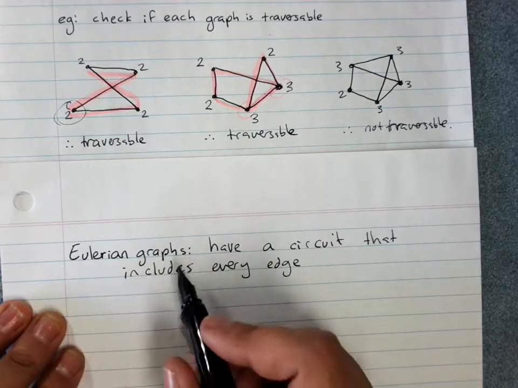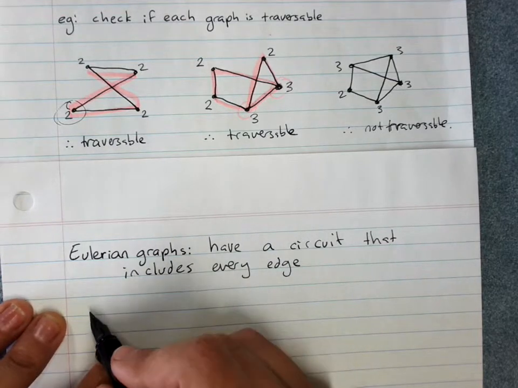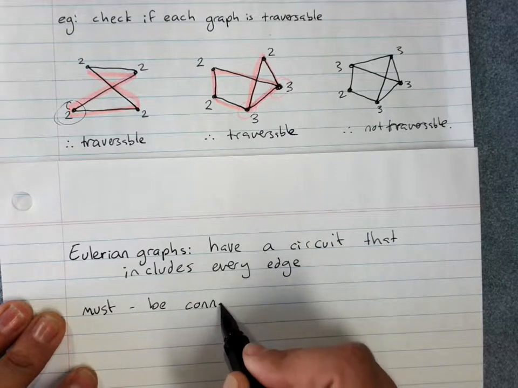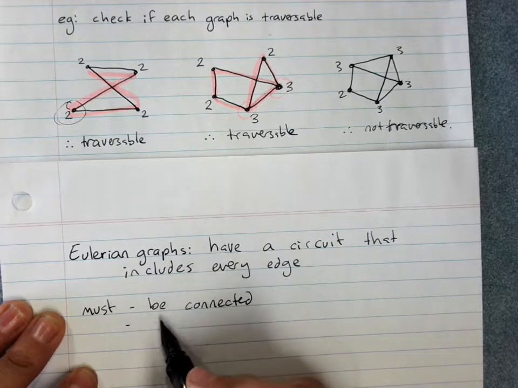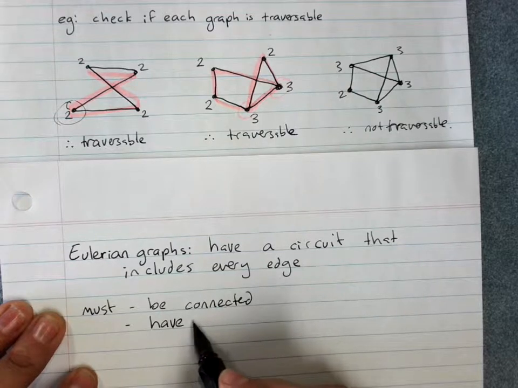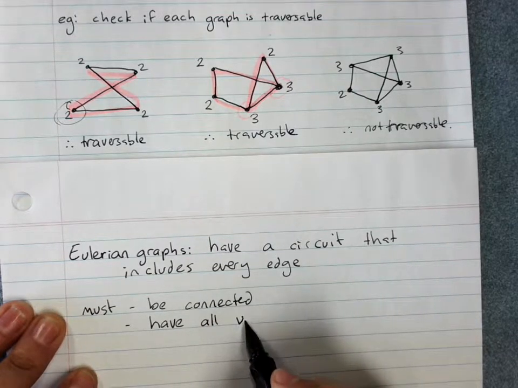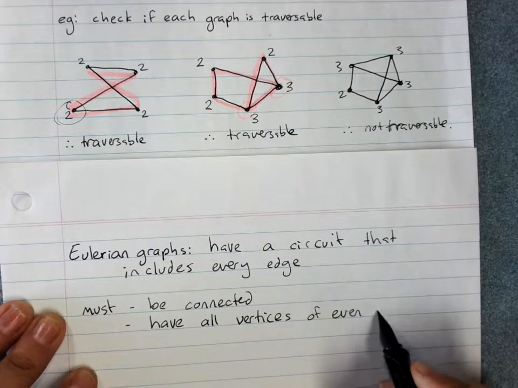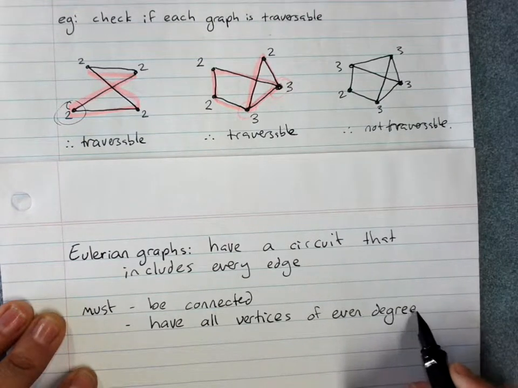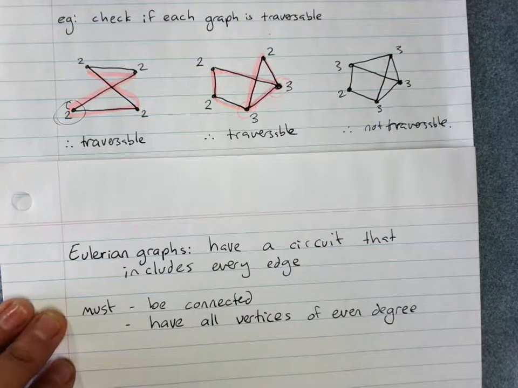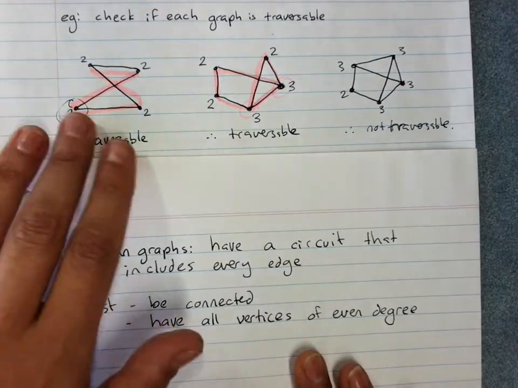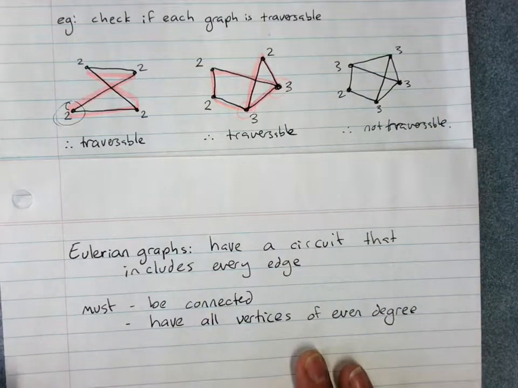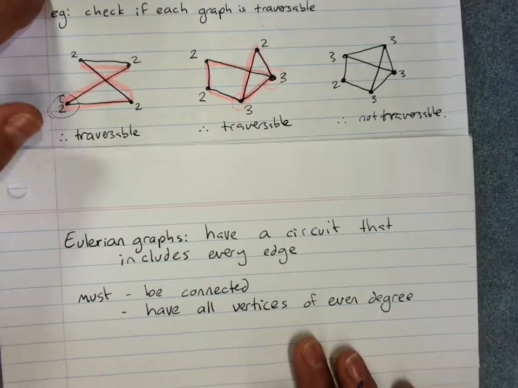So an Eulerian graph must be connected and have all vertices of even degree. So an Eulerian graph can start at any vertex, I could have started that anywhere, and finish at the same vertex.